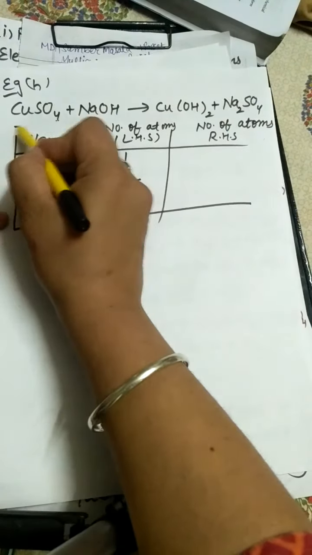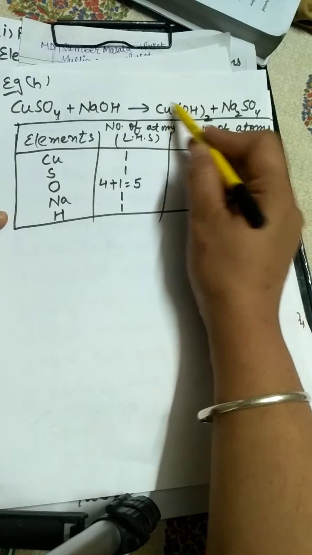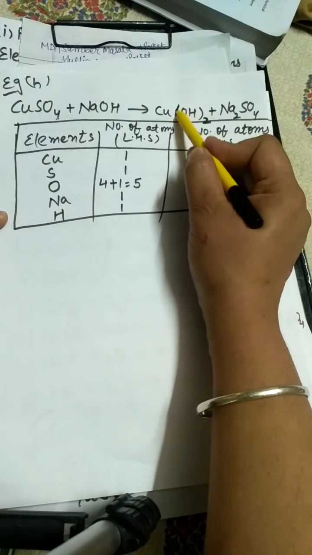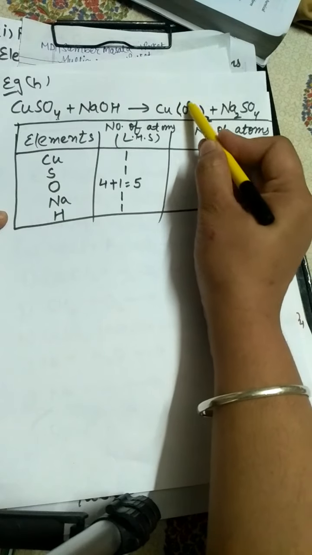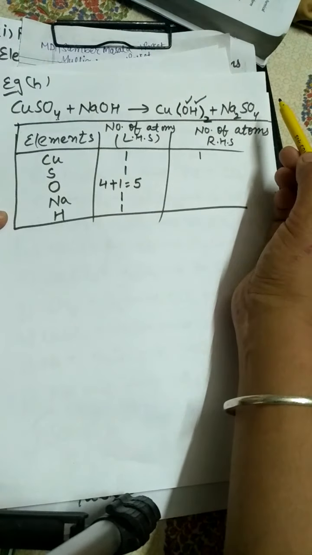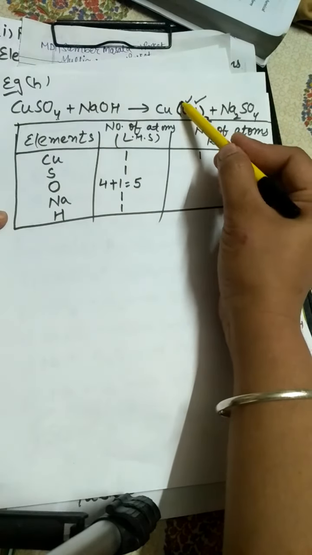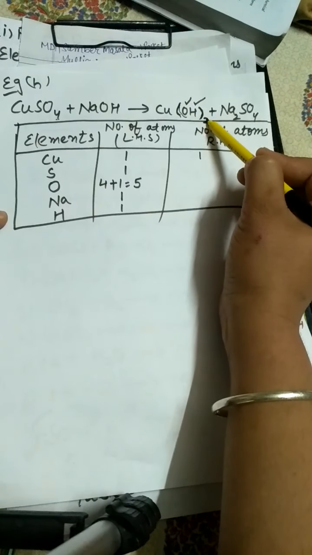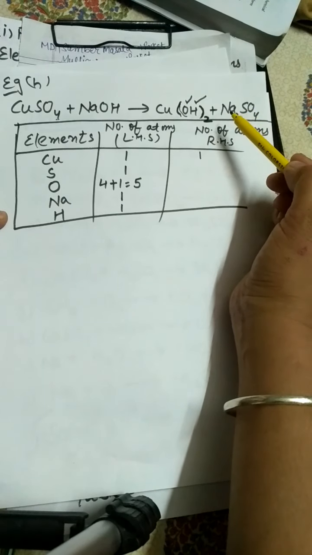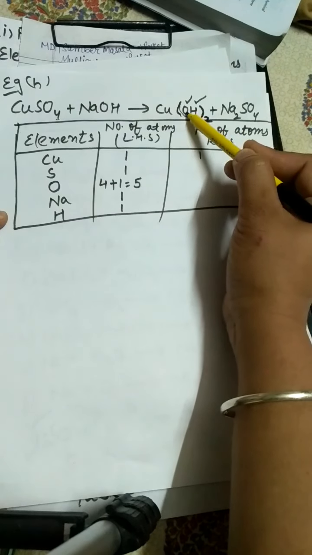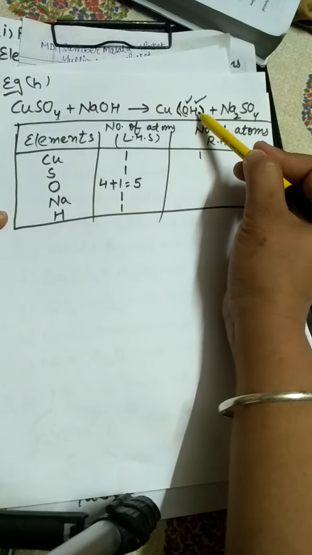Now we are going to discuss the right hand side. So beta, on the right hand side, in front of copper you can see only 1 atom is there, so I will write 1. But in case of oxygen and hydrogen, you can see oxygen is here, hydrogen is here. Now you can see one bracket is here, outside the bracket 2 is written. So this means that this 2 is with oxygen also, this 2 with hydrogen also.